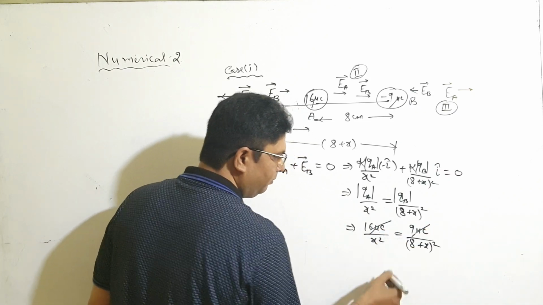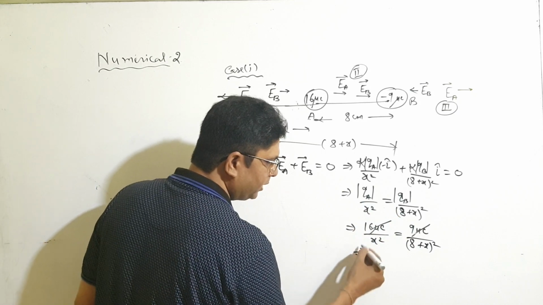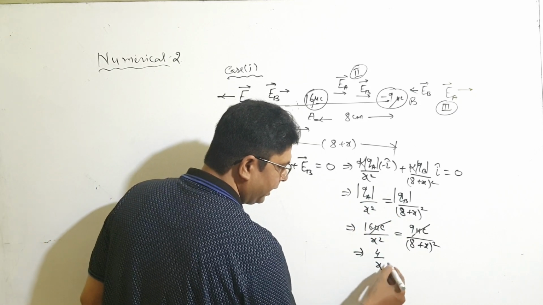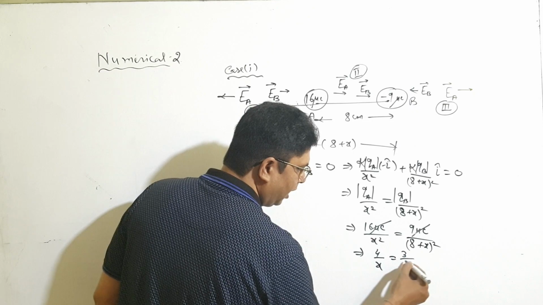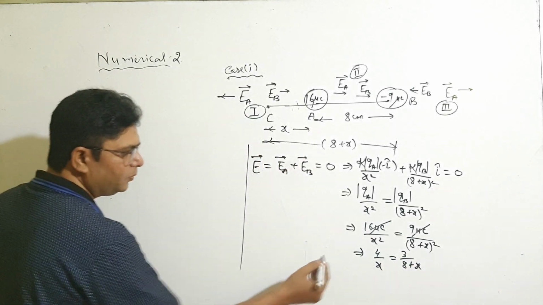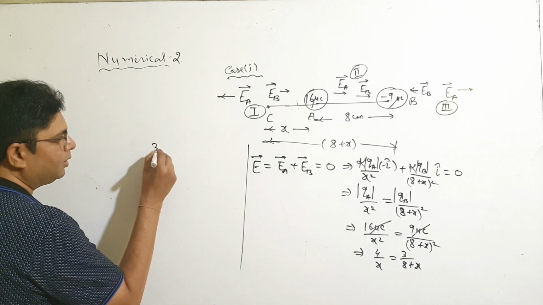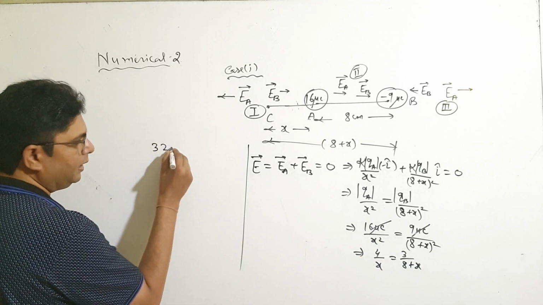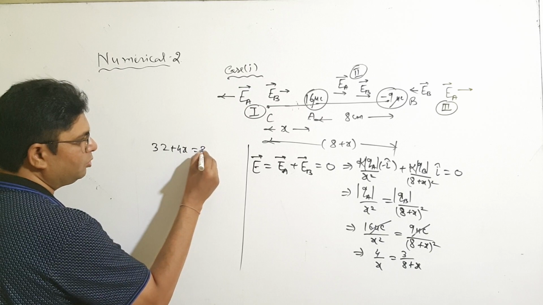Cancel this microcoulomb. Take square root both sides. So you have 4 upon x equals 3 upon 8 plus x. Now cross multiply it. So you have 32 plus 4x equals 3x.